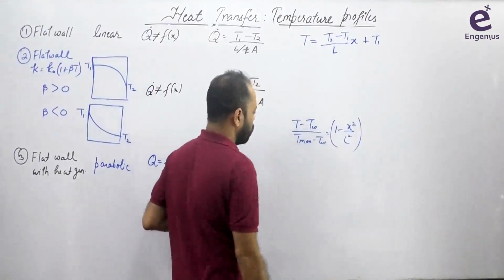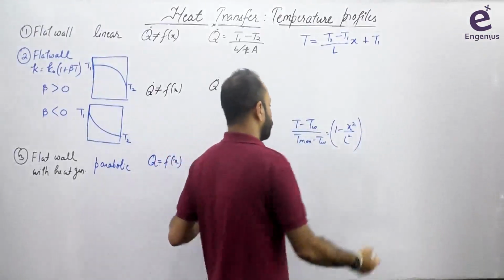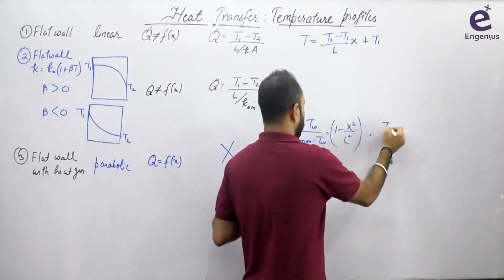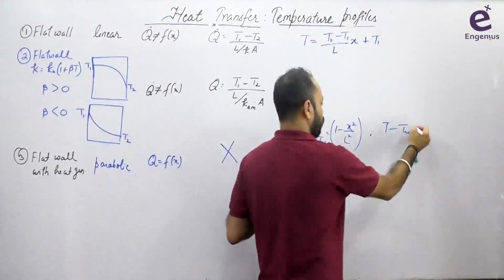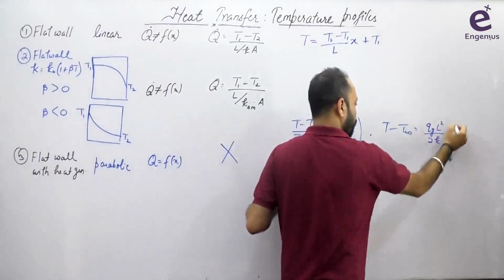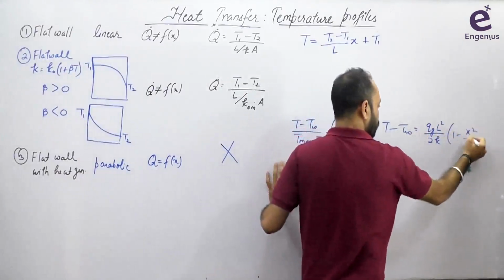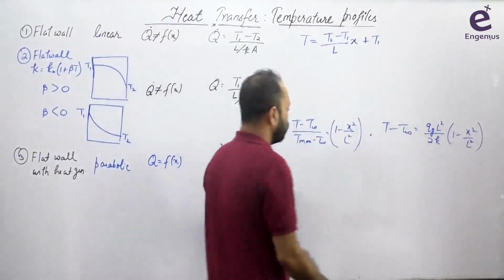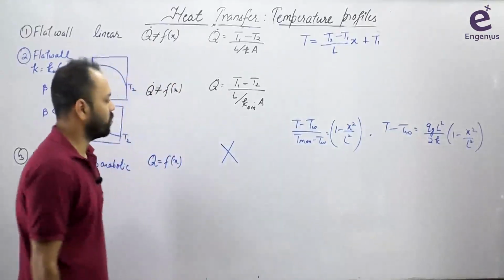This was the equation, correct? And the equation was T minus TW is equal to Qg into L square by 2k into 1 minus x square by L square. ये देख लेना, ये इक्वेशन थी T max minus TW was this, है ना?